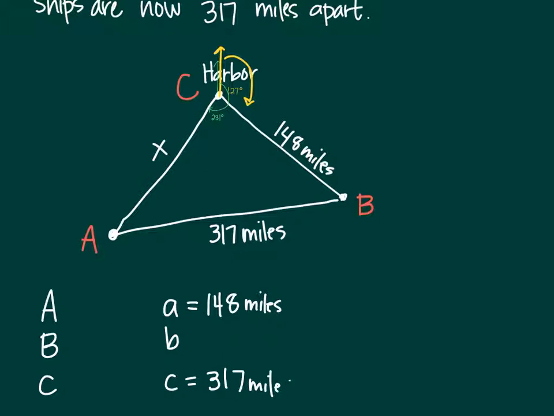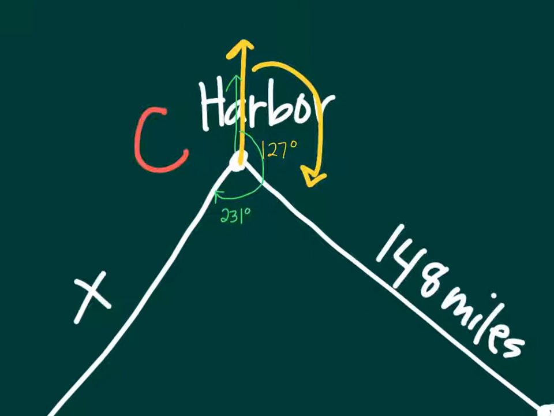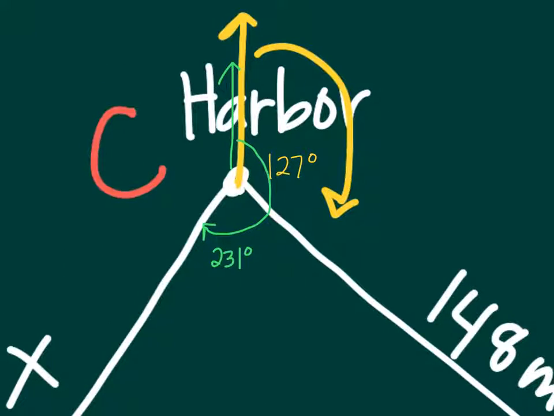And let's take a closer look at this harbor. What would the measurement of corner C be? The 127 only gets us out to the first boat, and 231 gets us out to the second boat. So what about angle C itself, which is hovering there in between? Right, yes, 104.